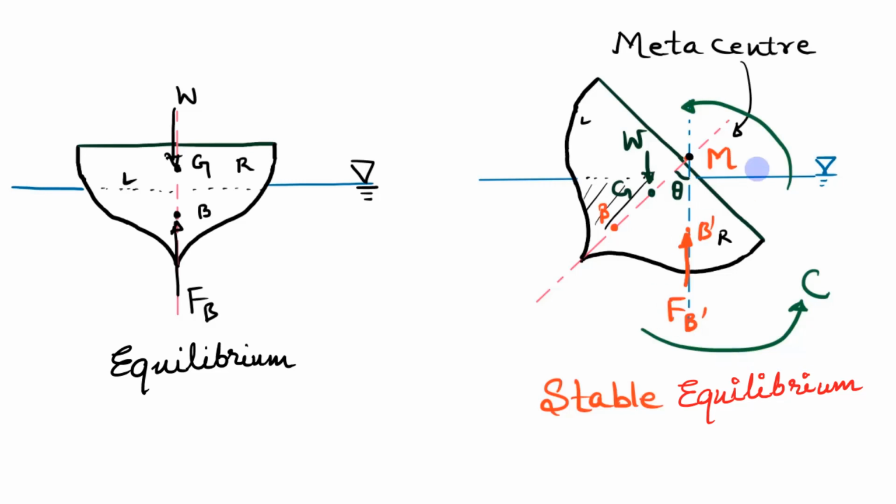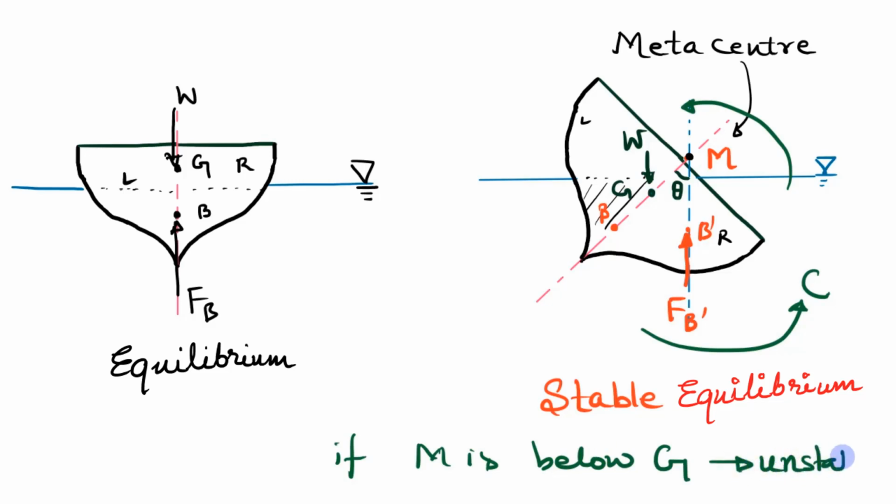Now if the metacenter M is below G, it will create an overturning couple and the original equilibrium will be unstable. So if M is below G, the body will be in unstable equilibrium.